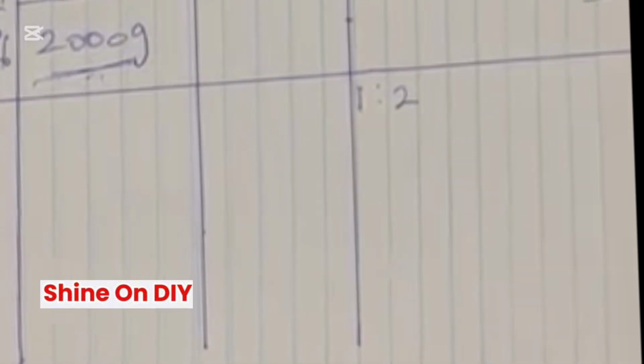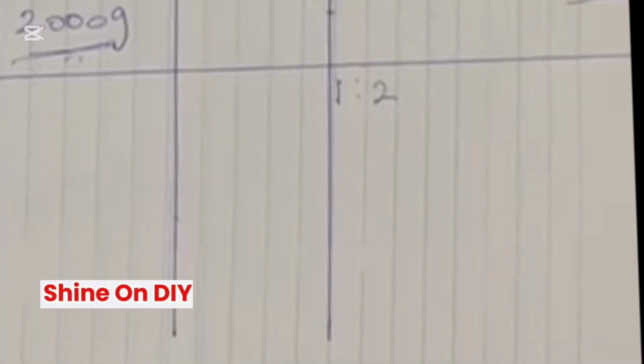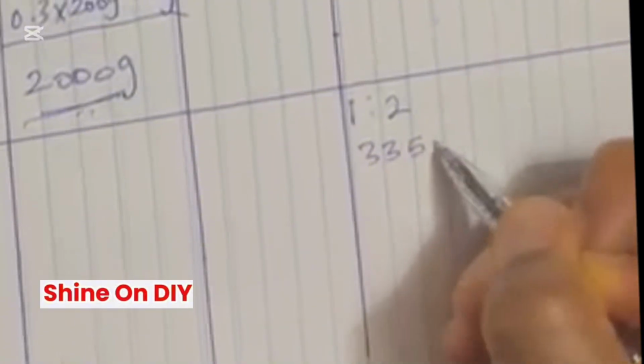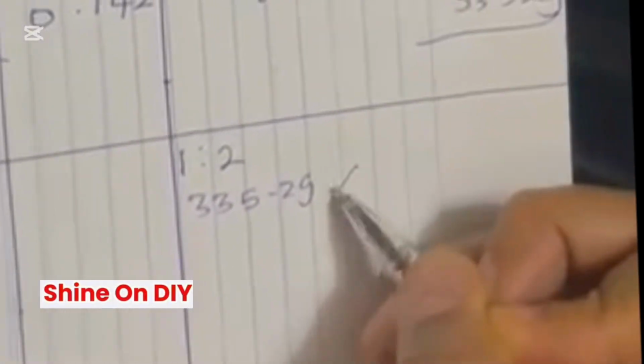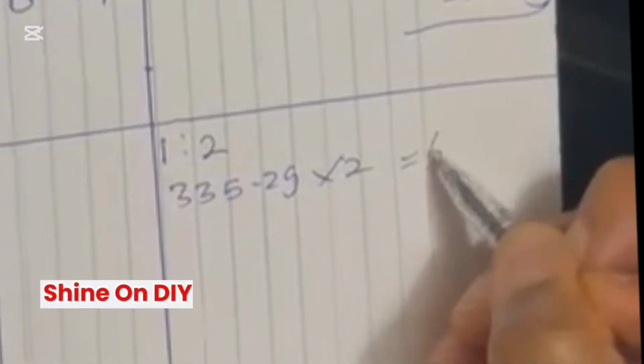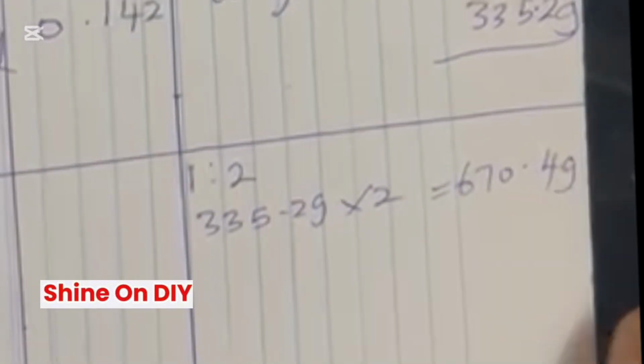So now for the solvent value, the water value, you can either do 1:2, and what 1:2 simply means is 1 part caustic soda equals 2 parts water. So in this illustration, if we are doing 1:2, what we simply do is 335.2 grams times 2, which will give us 670.4 grams of water.